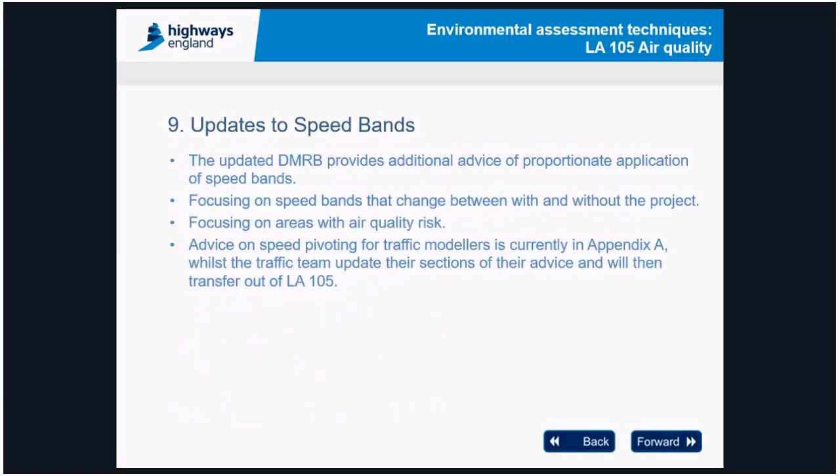Just to conclude, obviously, in some of the further refinements for speed bands, again, we've been working on a proportionate application, so I know one of the areas that we had a lot of questions on when we first released Interim Advice Note 185 was around, is it every road? Do we need to pivot every road? Well, actually, I think former colleagues who used to work in the transport planning group have given a lot of thought to this, and really it's about saying focus on the key areas of risk.